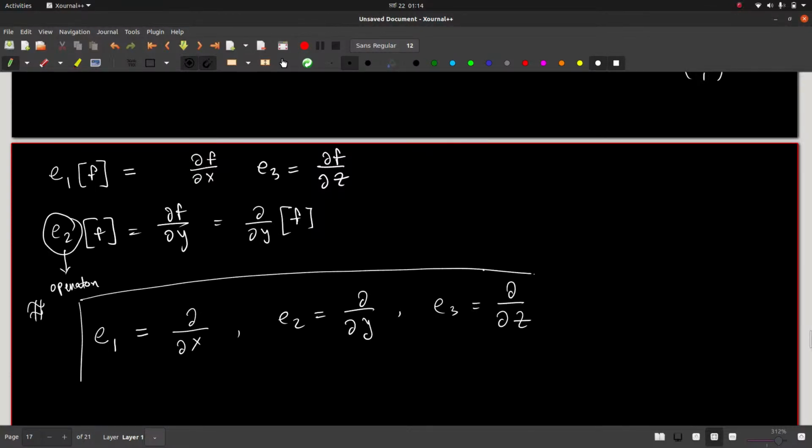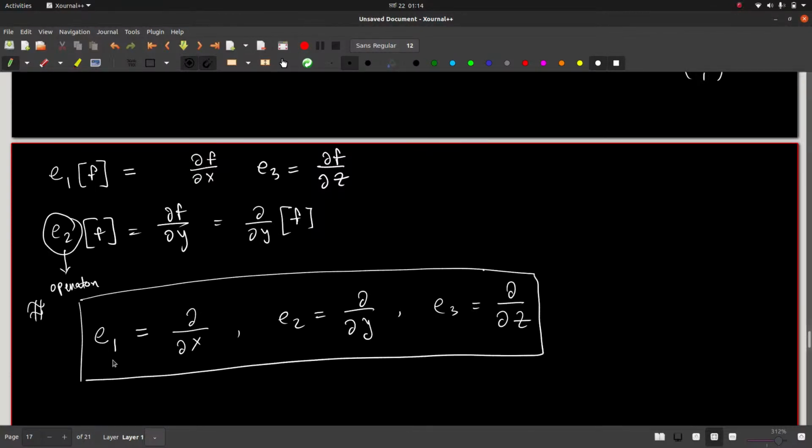So this will be a pinnacle in our upcoming discussions, where we will discuss one-forms which will be dual to these differential operators, and they are nothing but dx, dy and dz. So this will be it for today, and I'll see you guys in the next lecture.